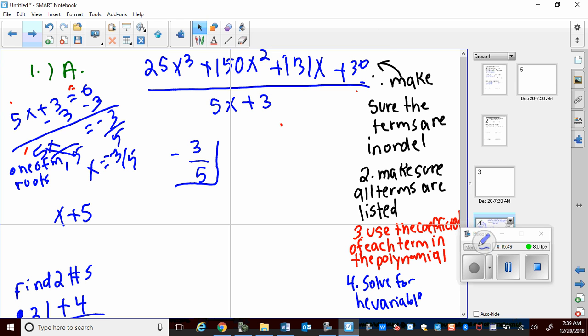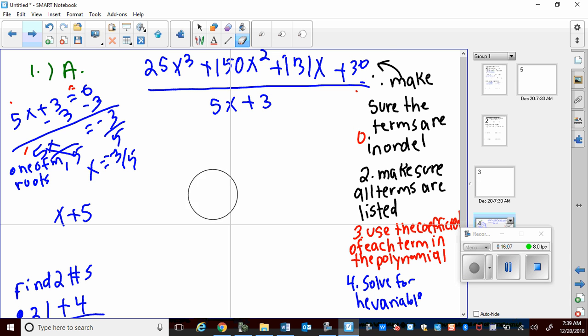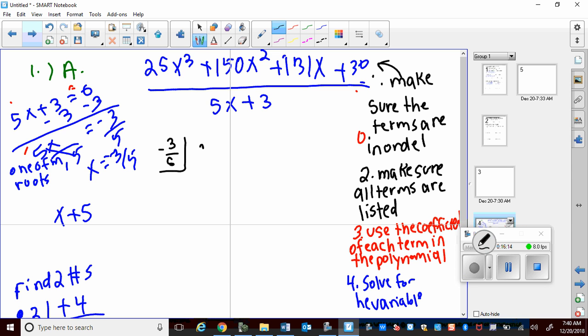Alright? And then my numbers, 25, 150, 131, and 30. Actually, I'm just going to rewrite it. So, negative 3 over 5, and then 25, 150, 131, and 30.